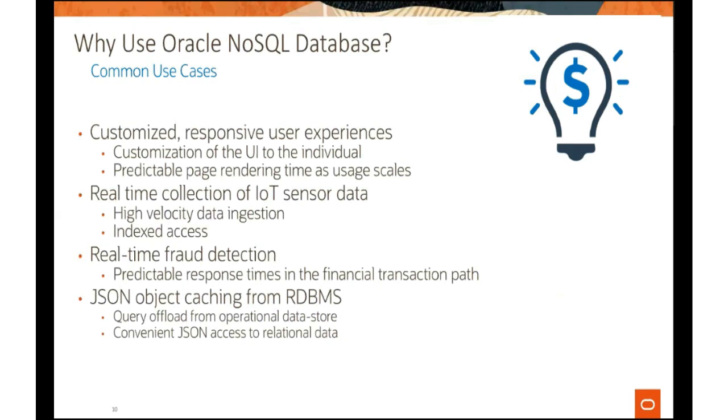And these things render very, very predictably and very, very fast. So typically the idea here is to render the page in 1 second or less, predictably, no matter how many millions of users like you are landing on the site.